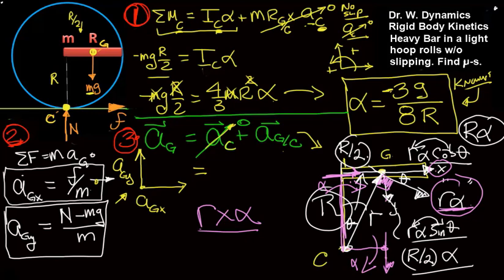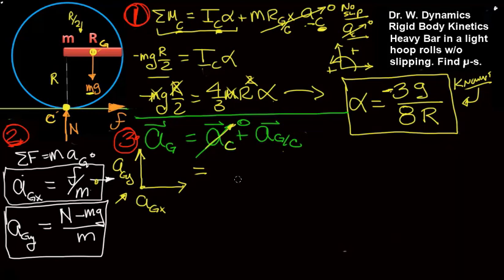We can prove it with the algebra, or if we remembered it, we could have done it directly and extrapolated these two values. We can now show what a sub g with respect to c is. We found that it was equal to r alpha in this direction, and in this direction it was equal to 1/2 r alpha.